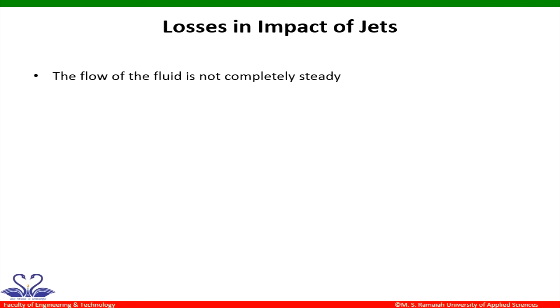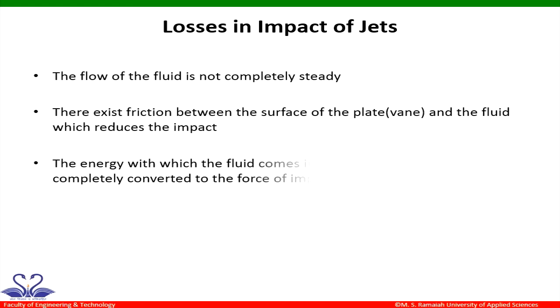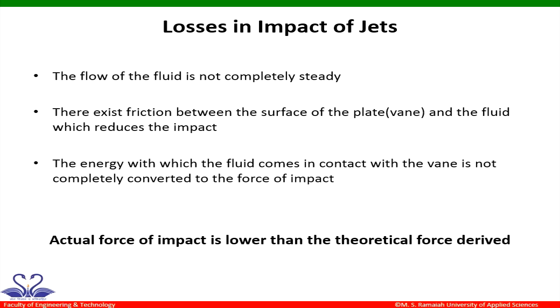There exists friction between the surface of the plate and the fluid, which reduces the impact. The energy with which the fluid comes in contact with the vane is not completely converted to the force of impact. Hence, the actual force of impact is lower than the theoretical force derived.